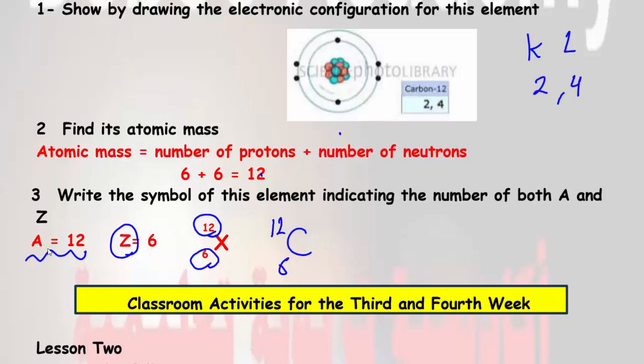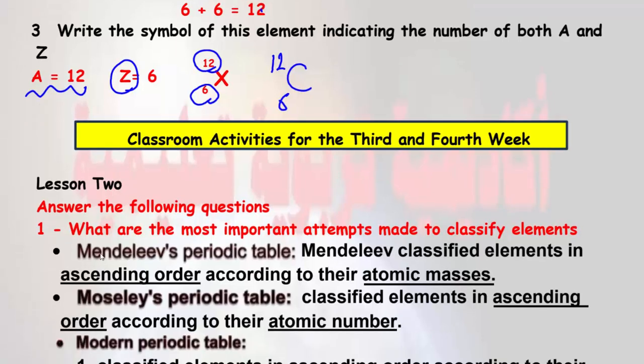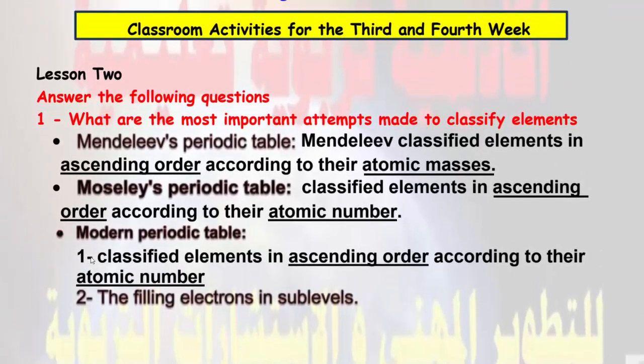The classroom activities for the 3rd and 4th weeks. Answer the following. What are the most important attempts made to classify elements? It will be Mendeleev's periodic table, which classified elements in ascending order according to mass number or atomic mass.